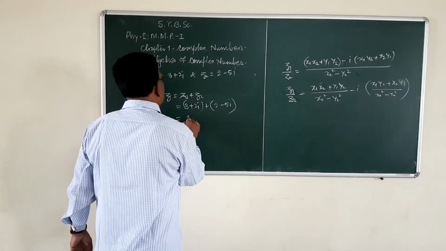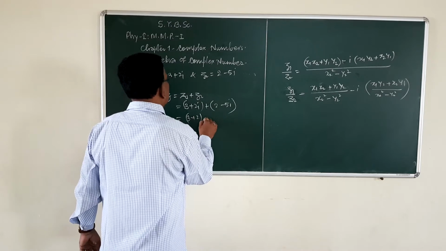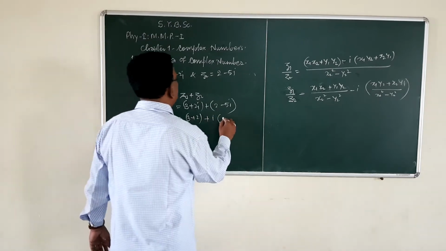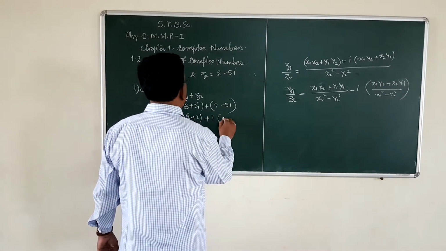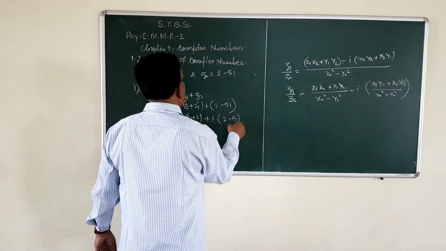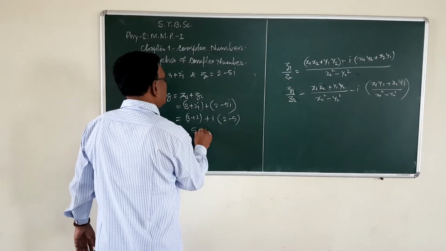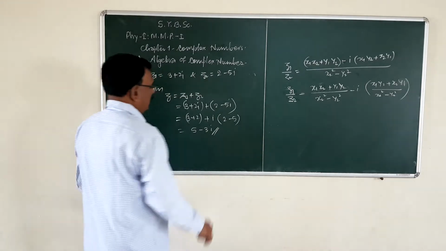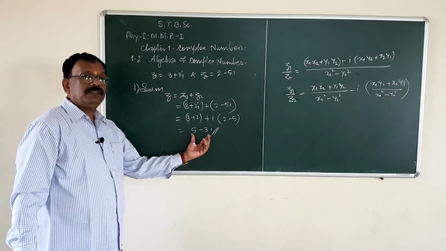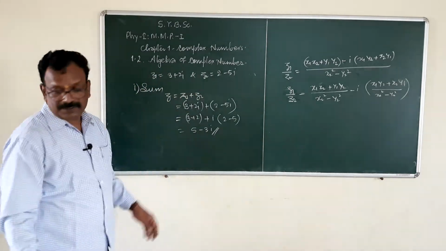Hence 3 plus 2 plus i in bracket 2 minus 5. Hence we will get 5 minus 3i. This gives the sum of two complex numbers.